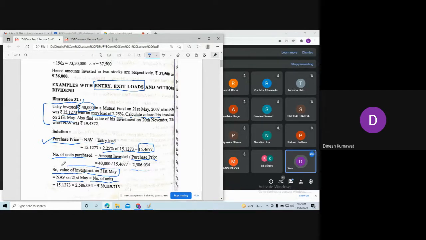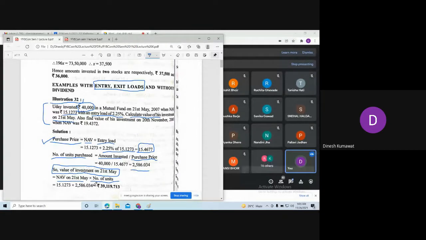Okay, so multiply these two quantities and put your answers in the chat box. Okay, so Pallavi is getting 39,119.71.